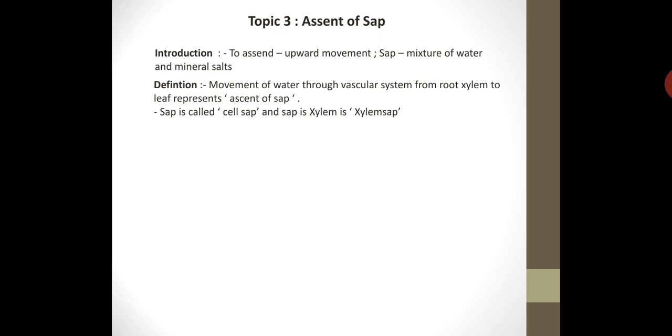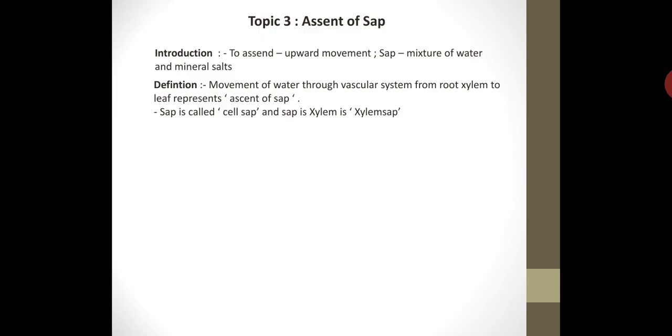In water absorption, we study how water enters inside the xylem of the root from soil solution. But ascent of sap, which is also another important physiological phenomenon, is concerned with transport of that absorbed water from the root to the leaf of the plant.